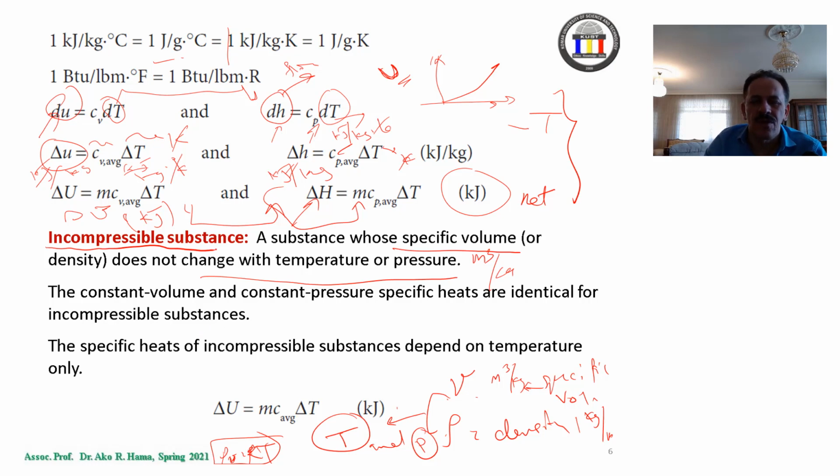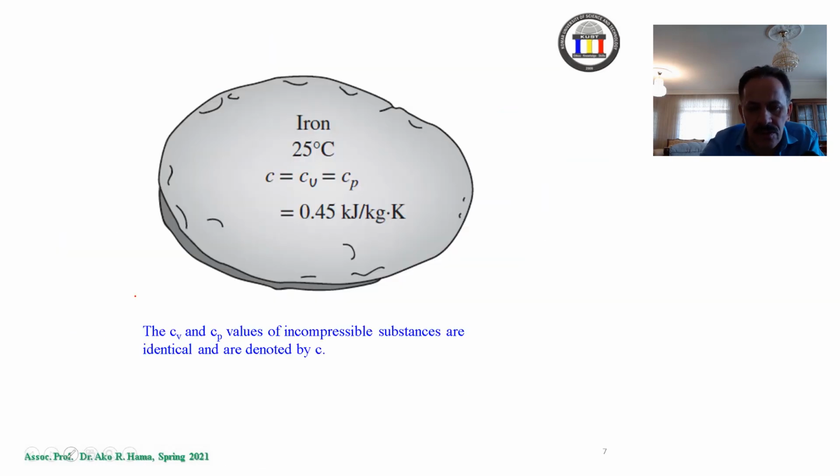That's called incompressible substances. So in this case, the constant volume and the constant pressure specific heat, C sub P and C sub V, these two values are identical for the incompressible. They are identical, meaning they will become equal to each other.